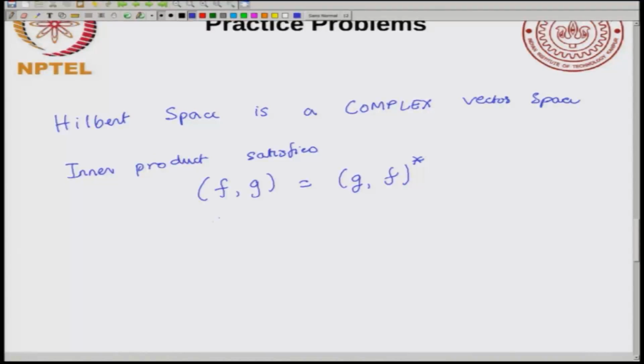Okay. And f g is given by integral f star g dx, and this is given by integral g star f dx. Okay. So, the Hilbert space is actually this complex vector space where the inner product is defined in this way. Okay. And this is essential in quantum mechanics.